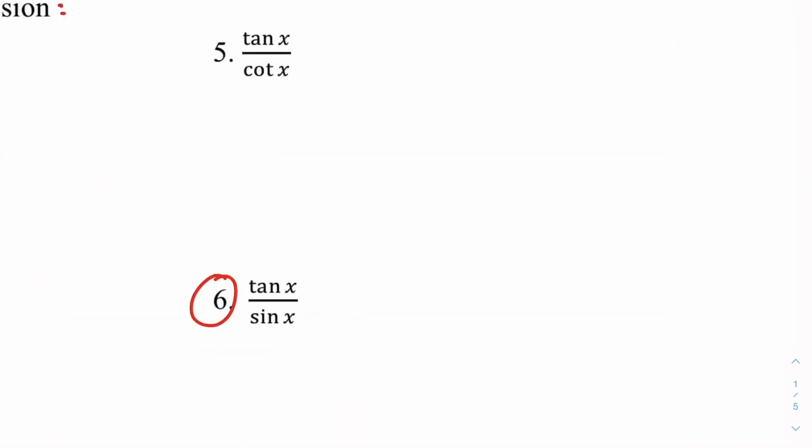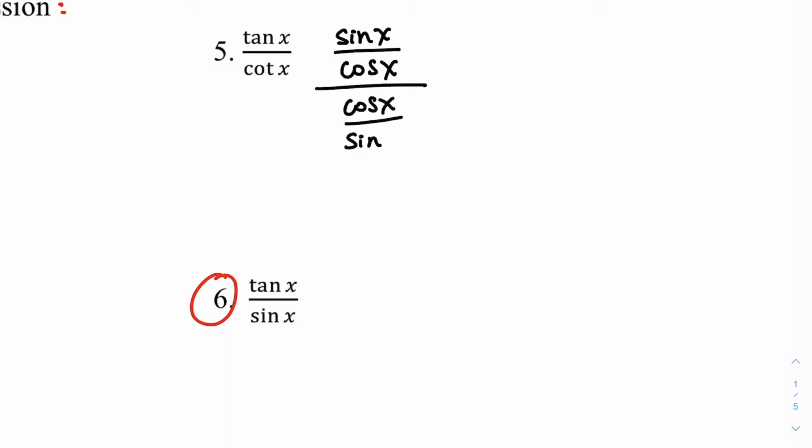Let's continue. For number 5, let's begin. I want to rewrite tangent because I can turn it into sine and cosine using formula 3. And I'll also rewrite cotangent, which is cosine x over sine x, which I believe is formula 4.